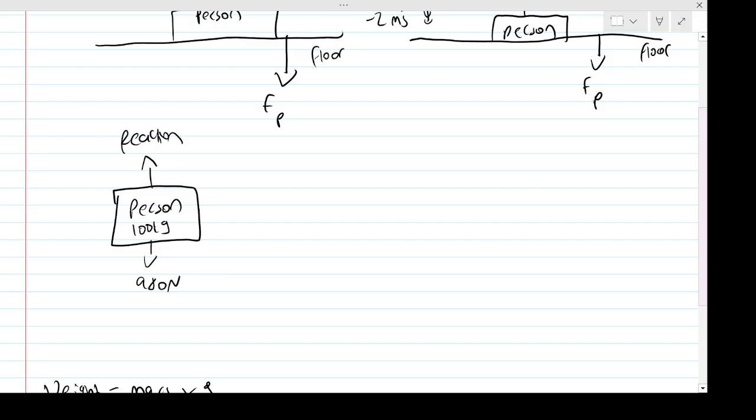Okay, so if I was to resolve, again, there's no acceleration because it's standing still on the floor. If we resolve upwards, well, the reaction force take away the weight of 980 equals 0, right? Because there's no acceleration. So therefore the reaction is equal to 980 here.